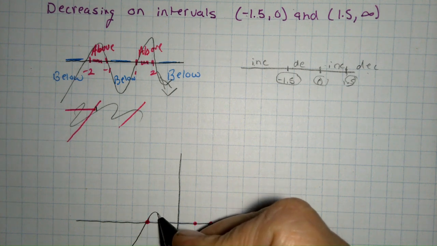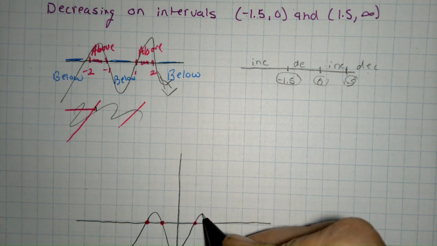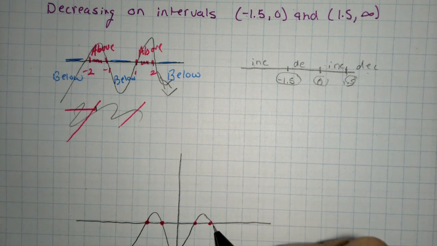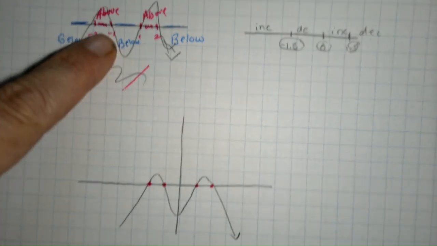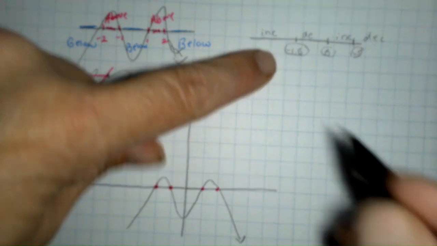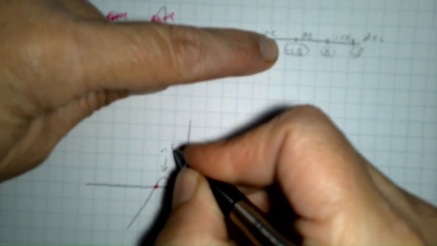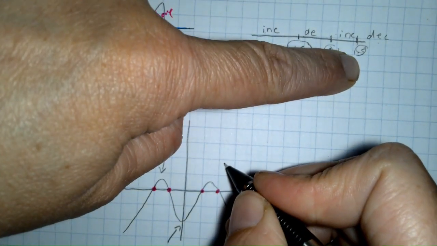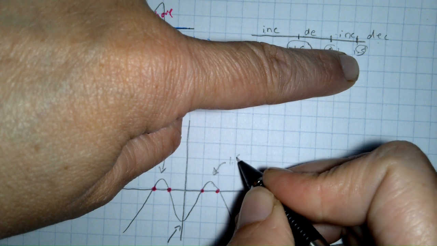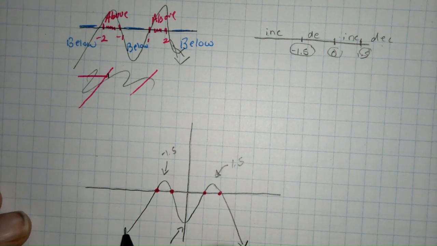Below, above, below, above, below. Okay, same shape as I drew right here. I made sure that I switched at -1.5, 0, and positive 1.5. That's where I switch my slope from positive to negative or from increasing to decreasing.